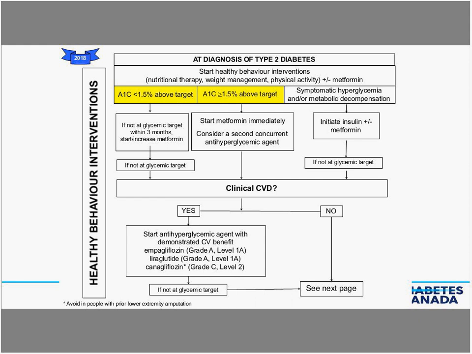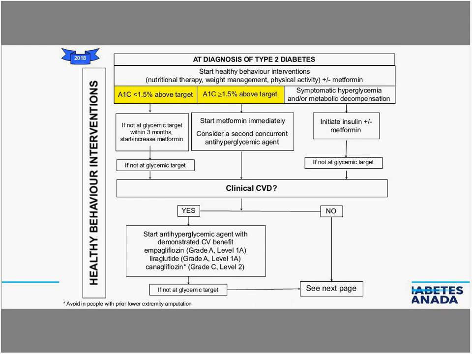So starting how to treat these people is based on how far their A1C is above that individual's target at the start. Starting, of course, with exercise and weight loss, along with diabetes education for everybody. And if their A1C isn't too high and they're meeting their targets with lifestyle advice, then going to metformin.